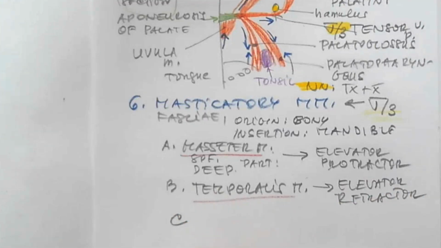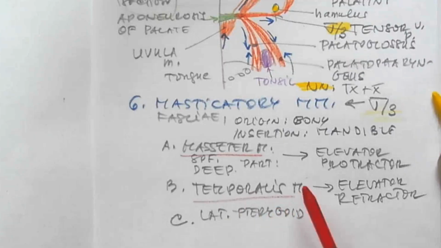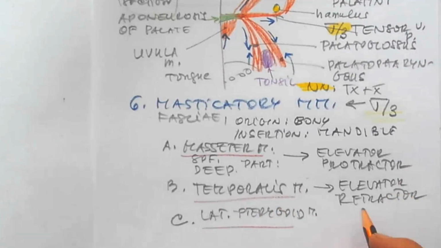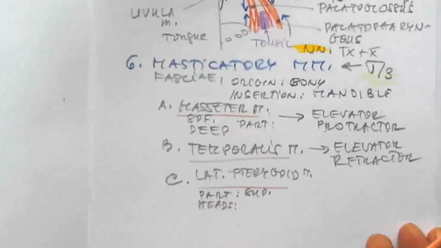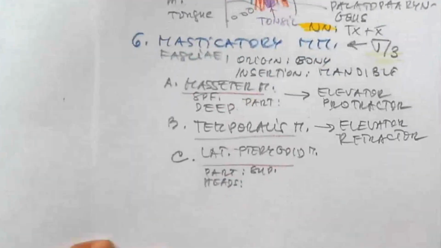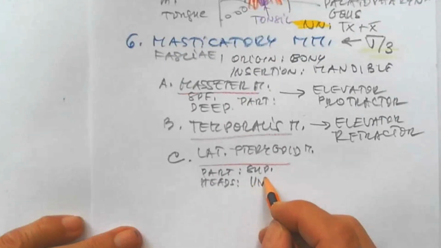Then next one is the lateral pterygoid. Lateral pterygoid muscle is the muscle that is responsible for the protraction. It has also two parts. One is the superior head, or heads also, we call it so. Students studying dentistry have to know in detail all the muscles, their origin, insertion, etc. So two heads, superior, inferior.